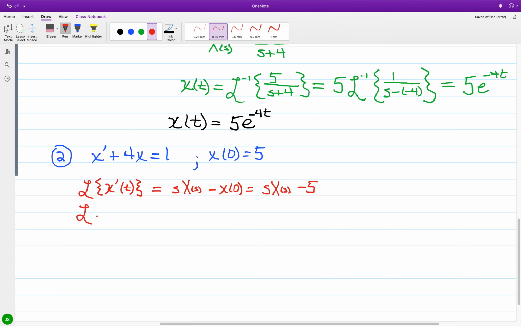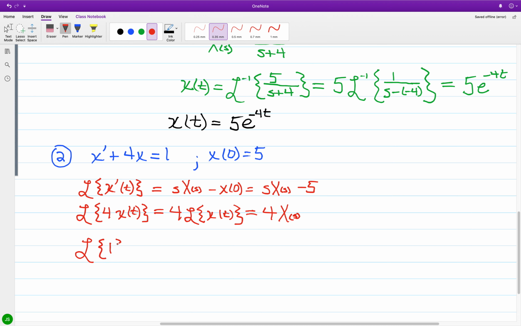And with the Laplace transform of 4 times x of t, we have 4 times the Laplace transform x of s. Now, we have the equation not set equal to 0, but 1. For the Laplace transform of 1, that is equal to 1 over s.